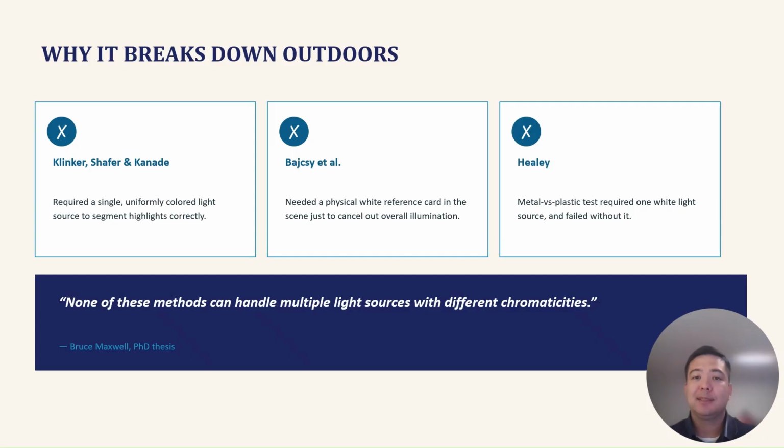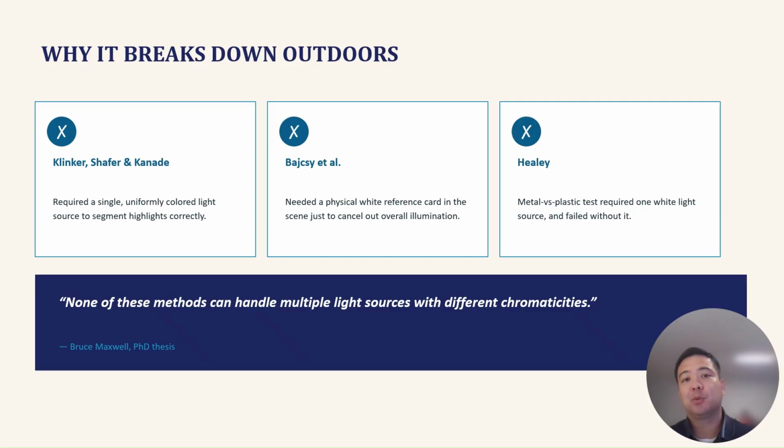Bakchi's method needed an actual white card placed in a scene, just so the algorithm had something to compare against to cancel out the lighting. Healy's method for telling metal apart from plastic only worked with one white light and broke without it.